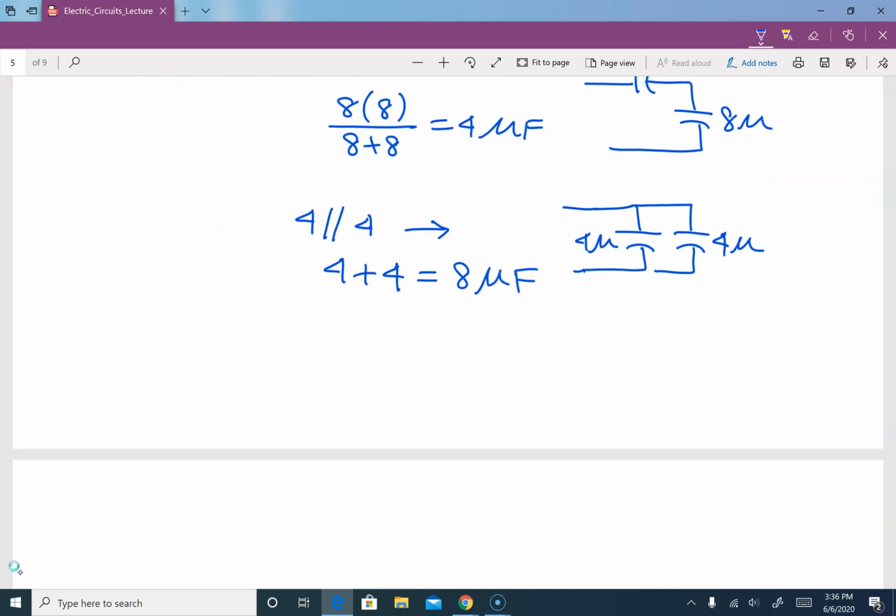So we will have 8, and then we have over here 2 micro, and this is our C equivalent.